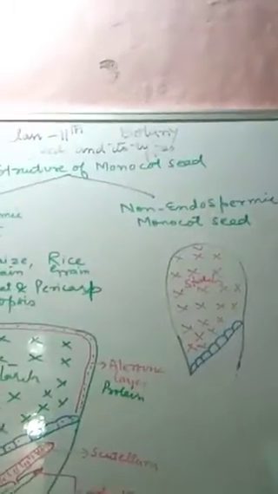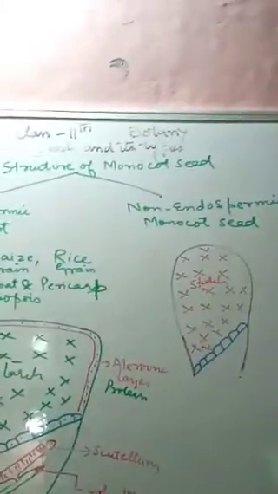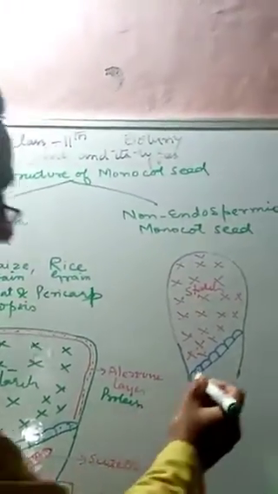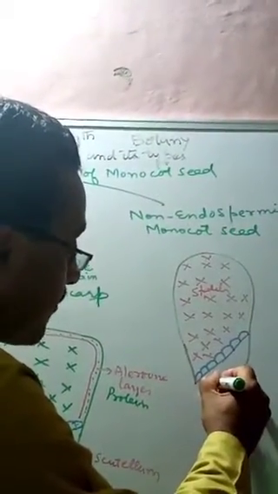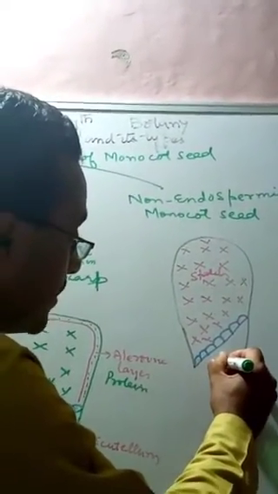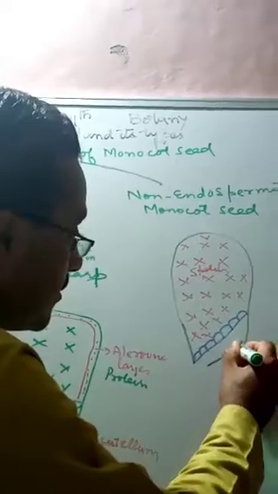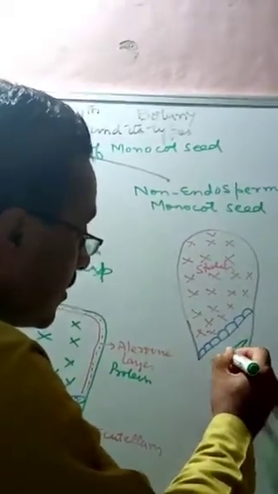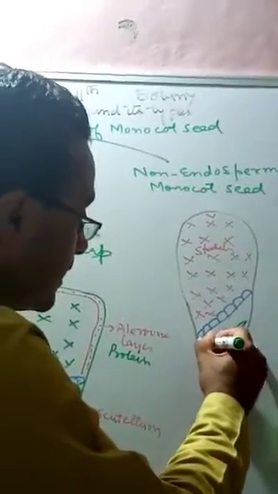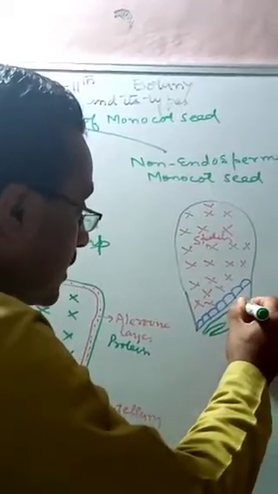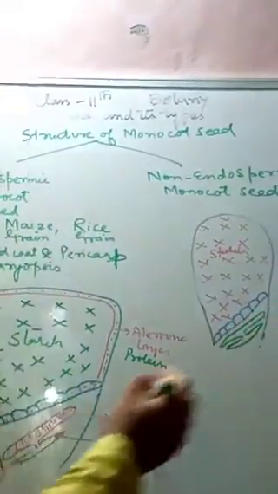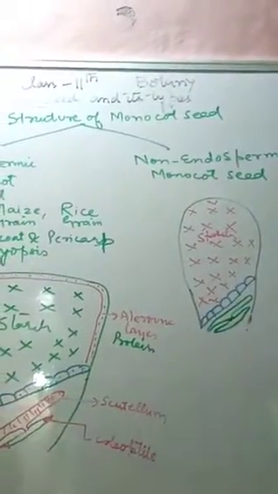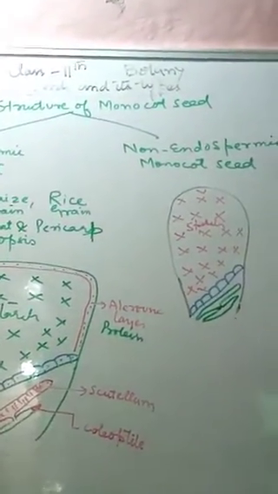Now here again when we draw this diagram, this is the embryonic axis, then we will find the scutellum, which is a somewhat papery structure.